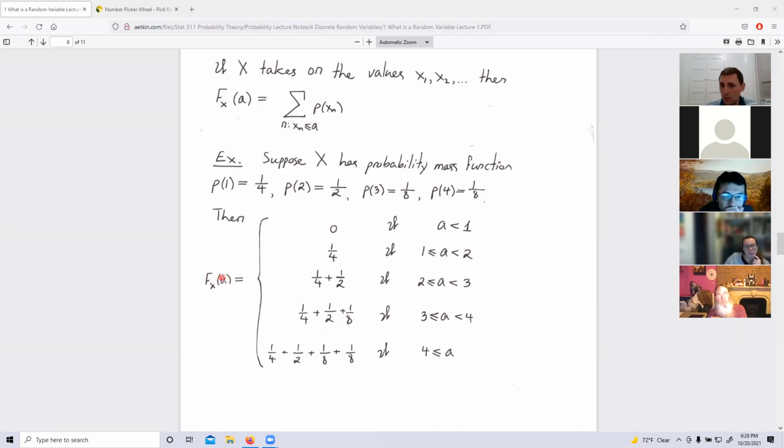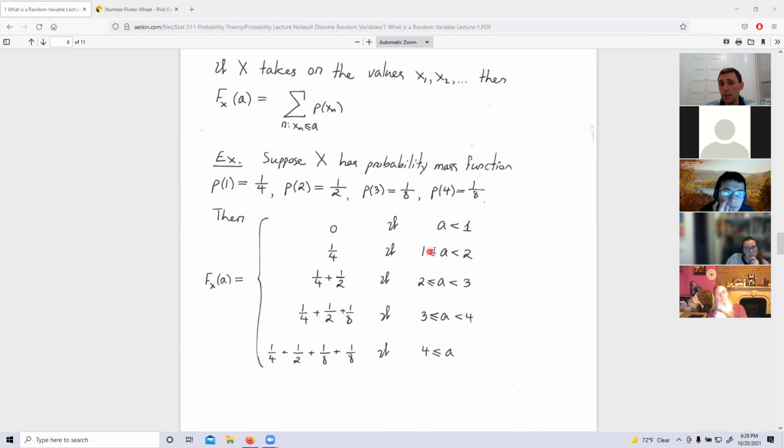This cumulative distribution is going to just ask, what's going to happen if A is smaller than 1? You see, 1 is the smallest number that actually has some probability. So if A is any number smaller than 1, the probability is 0. It's 0 probable that anything will come out that's smaller than 1. Now, what's the probability if A is bigger than or equal to 1 but smaller than 2?